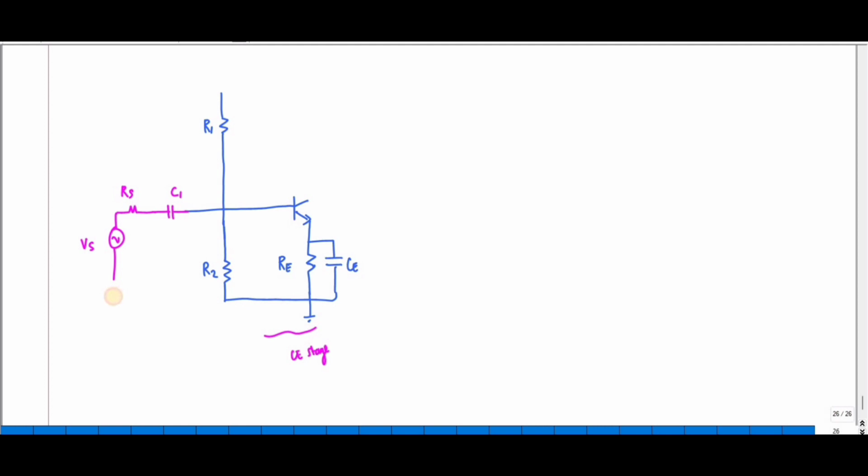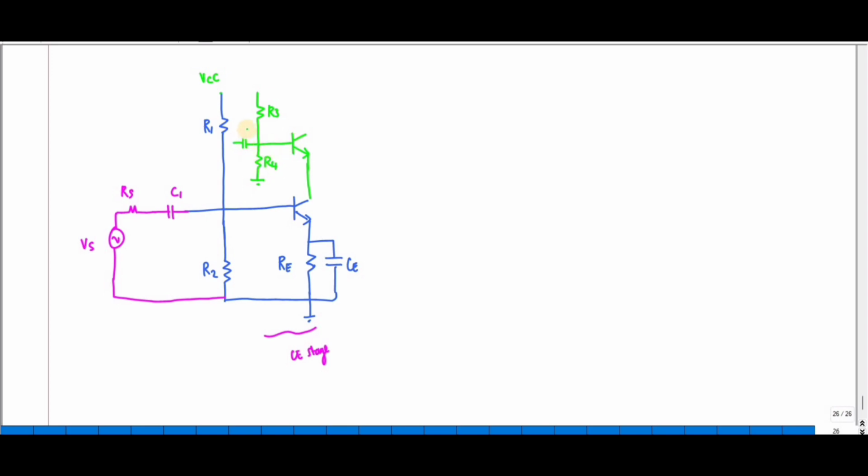Input resistance and input voltage source. This has to be connected to the common base. In the common base the input is the emitter, and it also has biasing resistances, let me term them R3 and R4.